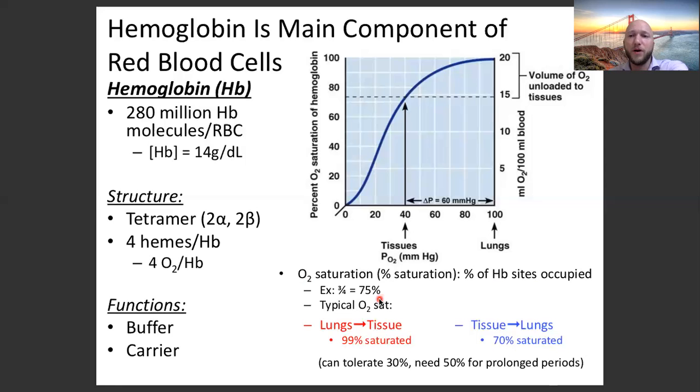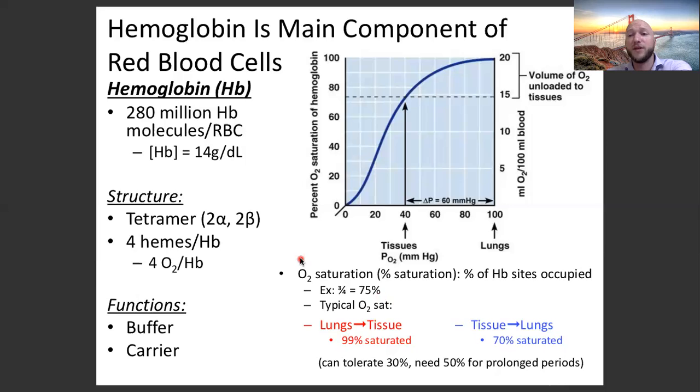If we had one hemoglobin molecule and 3 oxygens were bound to it, that's 3 out of a possible 4. We could say it's 75% saturated. If we had one hemoglobin molecule and there were 2 oxygen molecules bound to it, that's 2 out of 4. We could say it's 50% saturated.